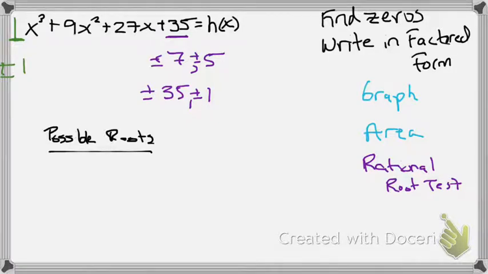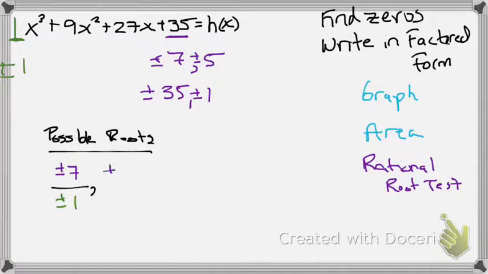You take the factors of the constant and you put them over the factors of the lead coefficient. And you have to do this for all of them.